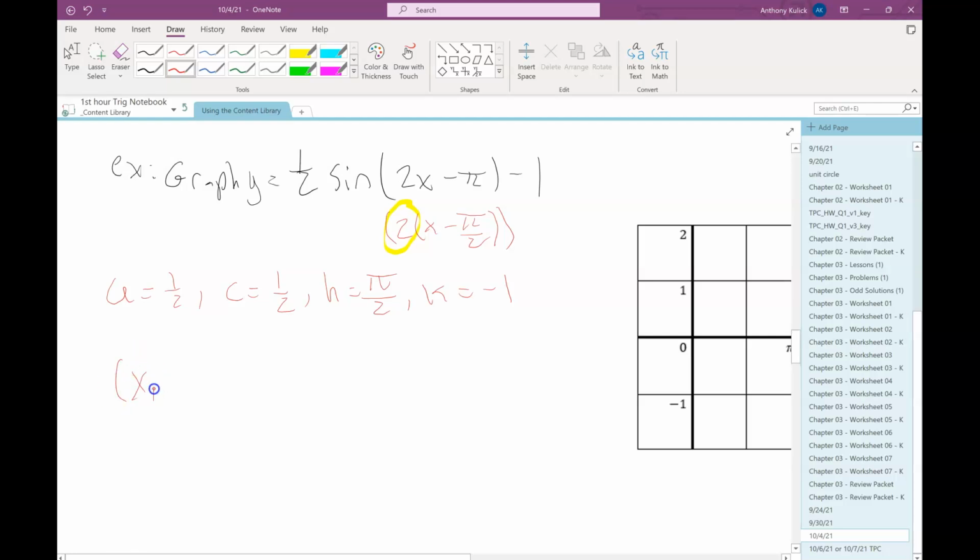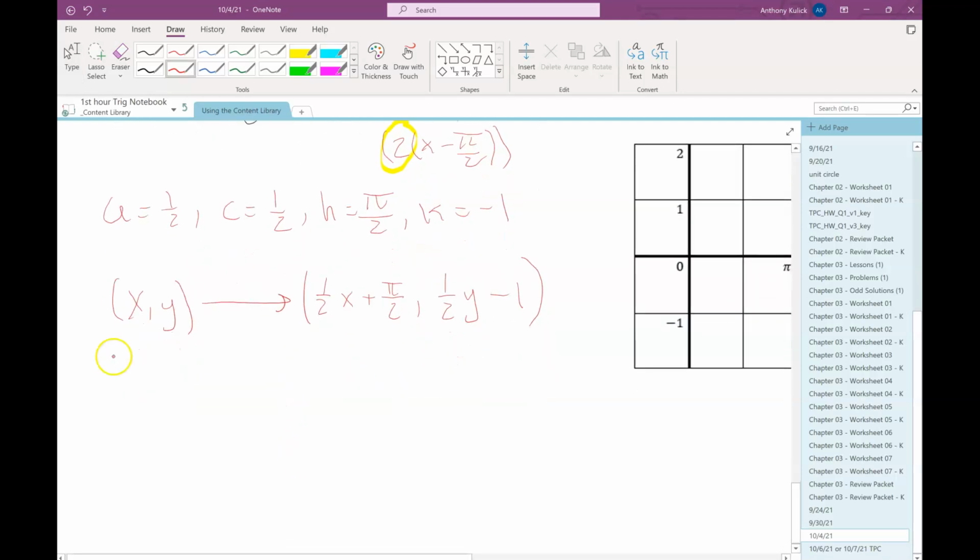Now that I have this, I can write my transformation map. So I have Cx plus H, and then AY plus K. Because we're graphing a sine function, I'm going to use my key points from sine that I just wrote down above a moment ago.